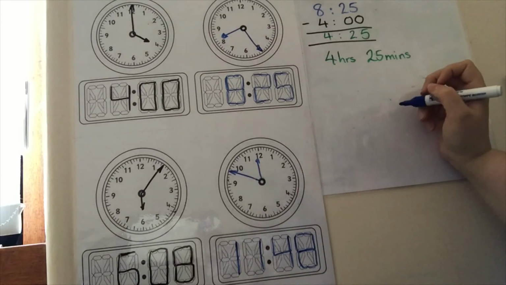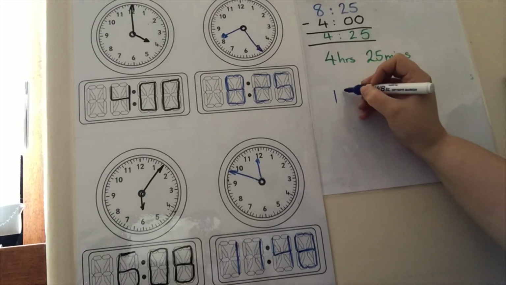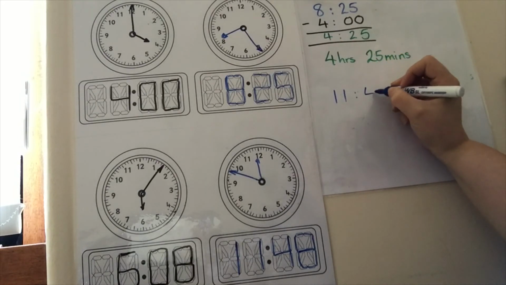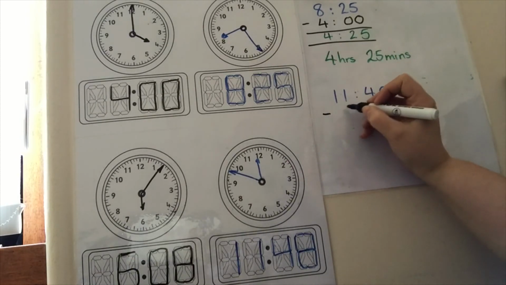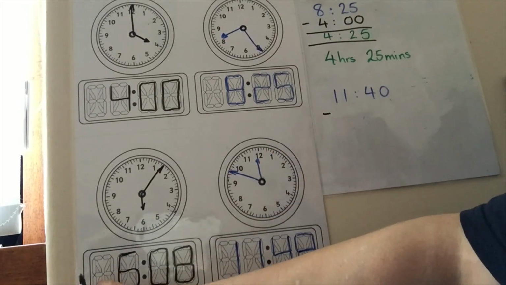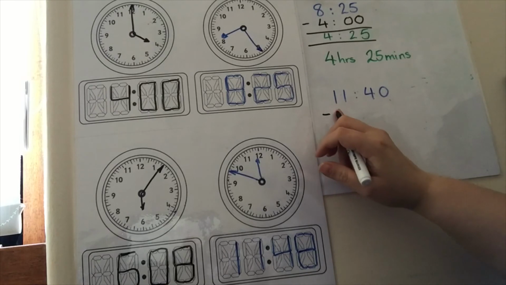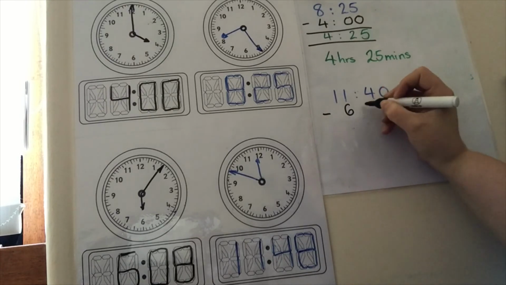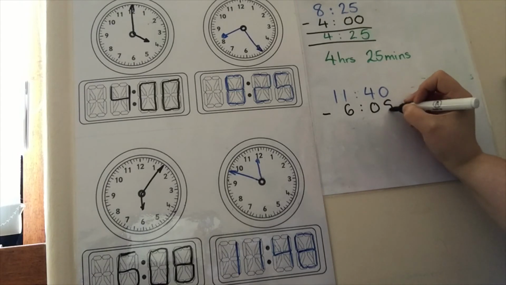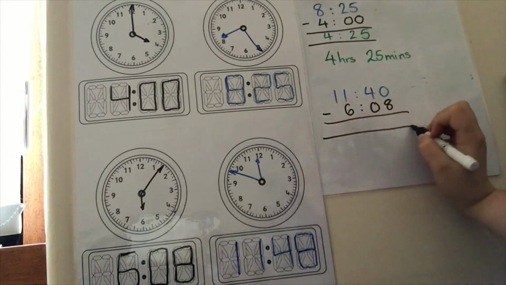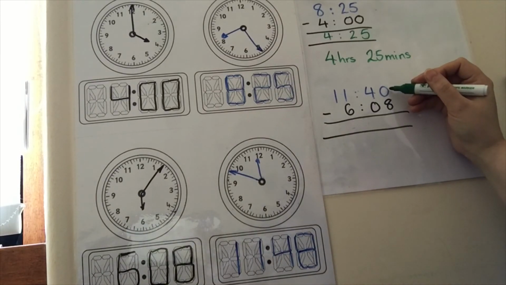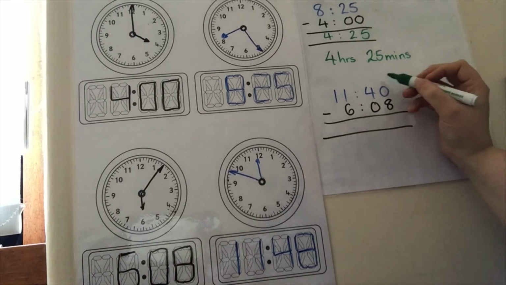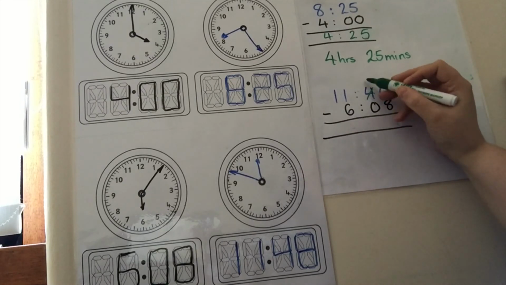And again I'm going to transfer that information over to a chimney sum. So 11:48 take away, now remember there's a space there, so leave a space under that in that column, 6:08, and then we work it out. 0 take away 8, well we can't do that, so again we've got to borrow from next door.